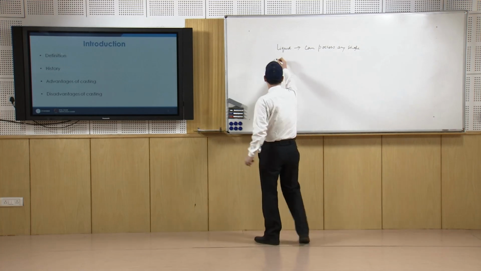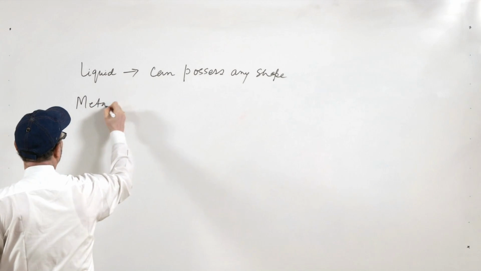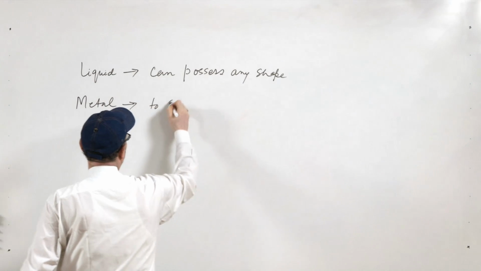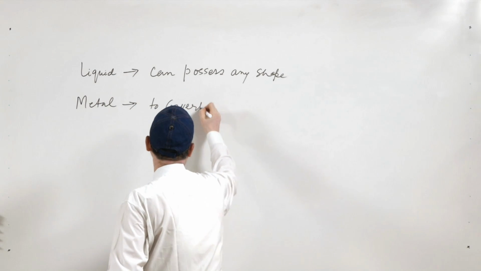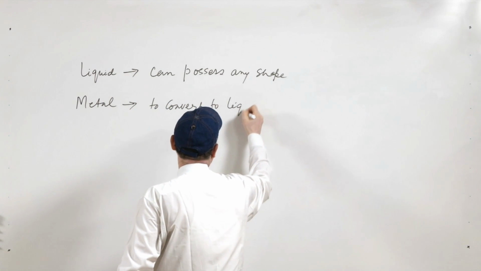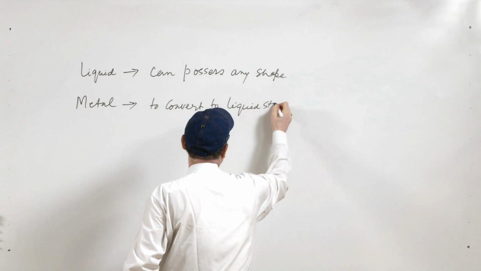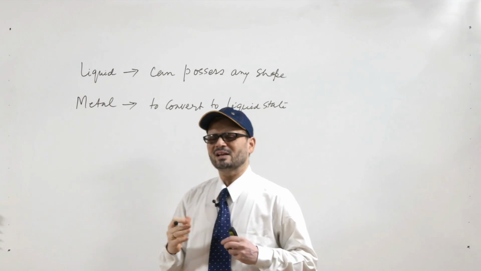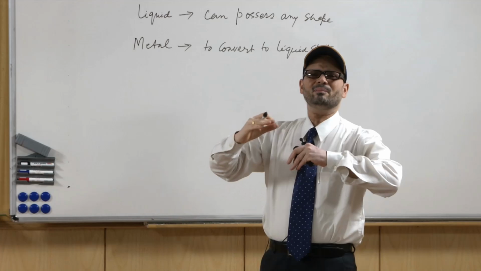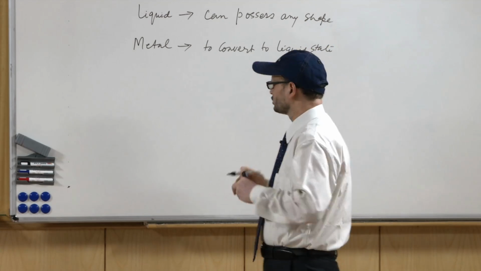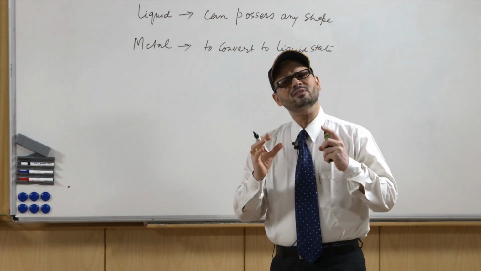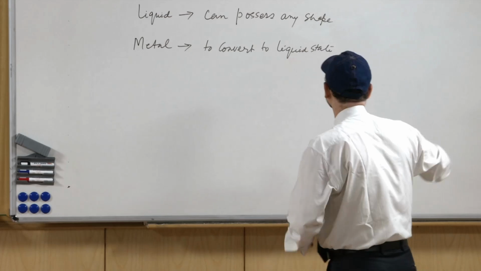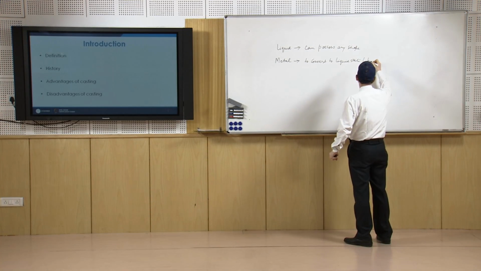So, for metal you have to convert it to liquid state, and most of the metals have their melting points above the normal temperature. So, basically you will have to give the heat to melt it. So, this can be done by heating.